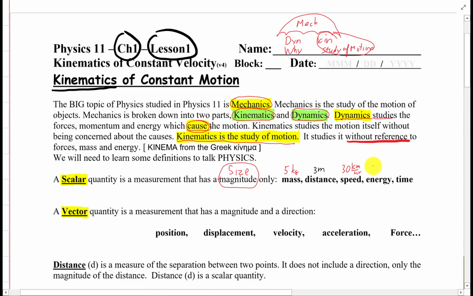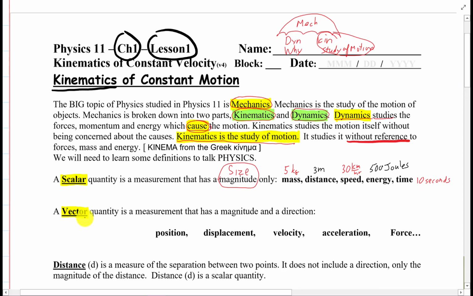Maybe energy could be 500 joules, and I'll spell that out for you instead of just the abbreviation J. And an example of time could be 10 seconds. Those are all examples of a scalar quantity.